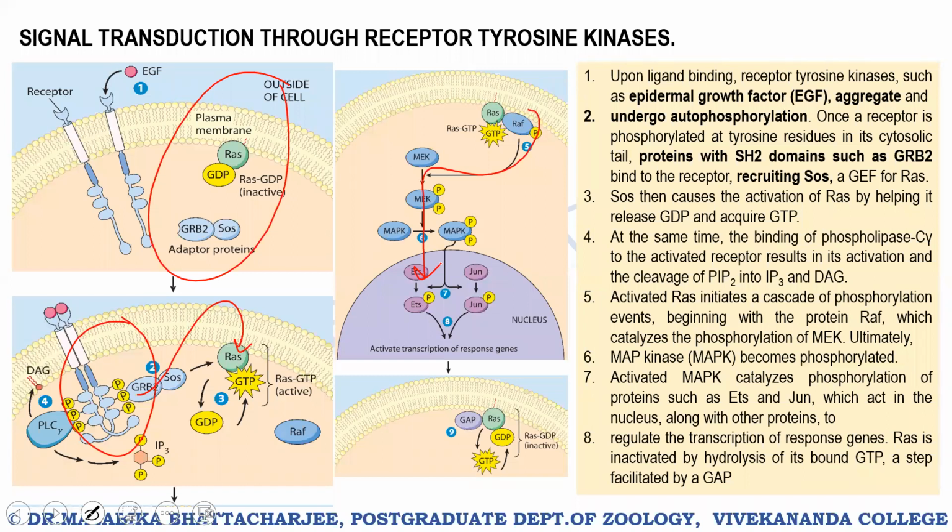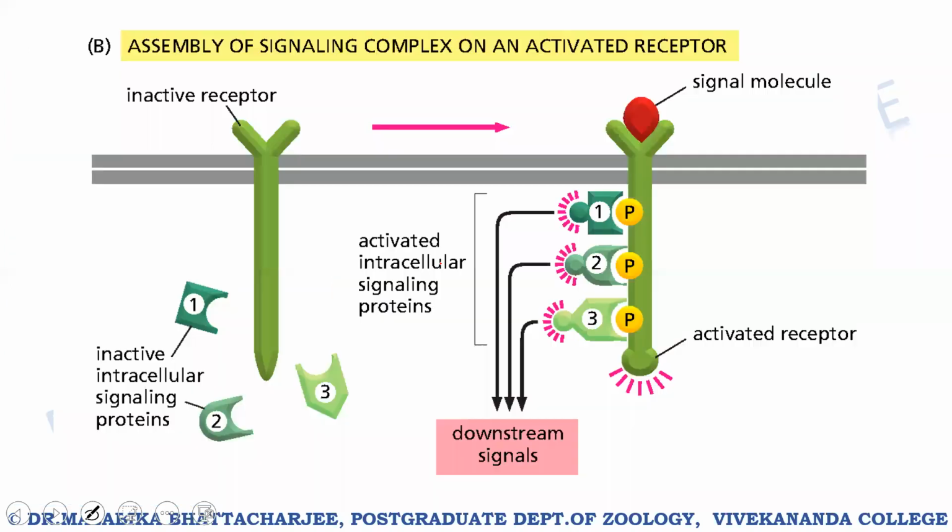So this is a simple signaling pathway occurring through the receptor tyrosine kinase, as exemplified by the epidermal growth factor. Once more: inactive receptor, signaling molecule, tyrosines are phosphorylated, activated receptor, and you can see the proteins are docking. They can interact through two domains by which the protein interacts with these phosphotyrosines.